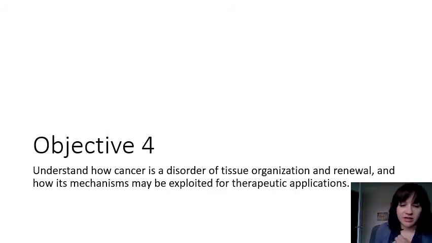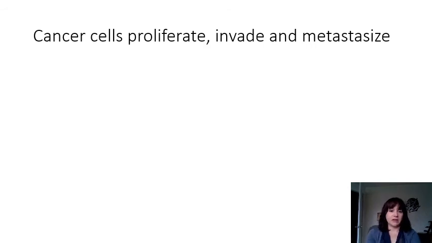For our last objective, we're going to talk about cancer. Again, this is a disorder of renewal and organization of the tissue. So cancer cells, some of their main properties is that they're very proliferative, they're invading tissue, and they're traveling to places where they shouldn't be.